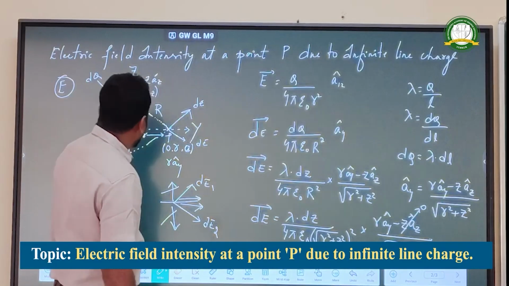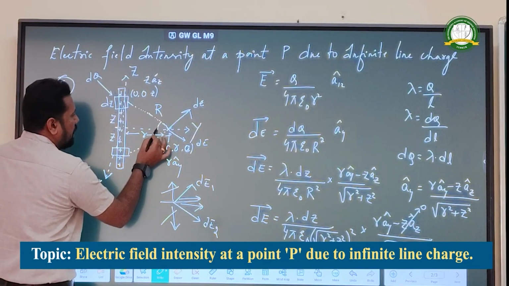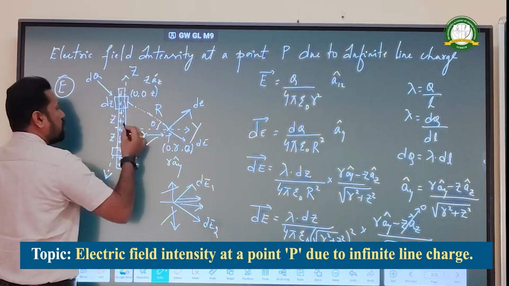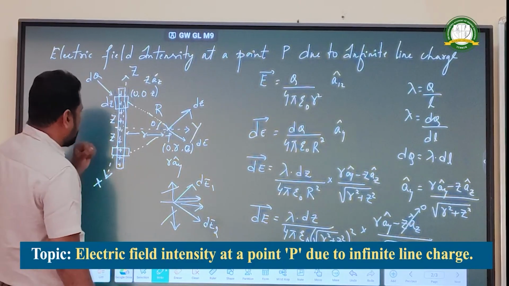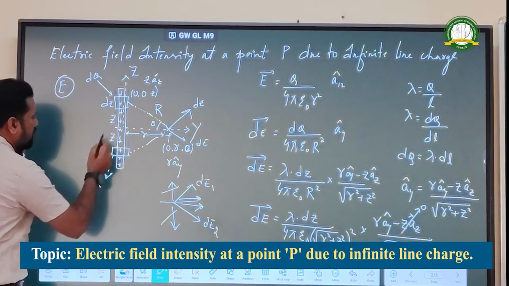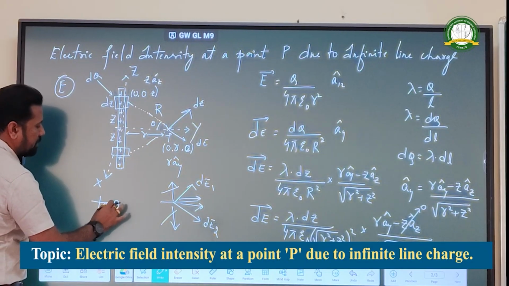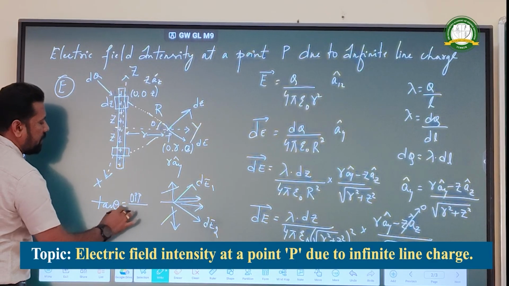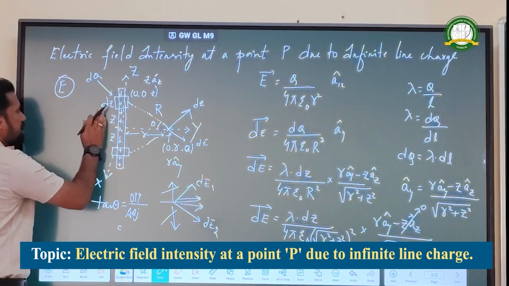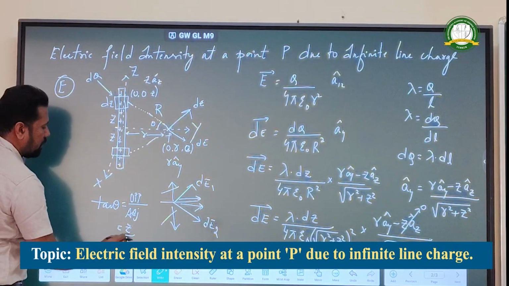So from this diagram, let us assume this is theta, the angle between the origin and the small differential segment dz. So from this diagram, we know that tan theta is equal to opposite side divided by adjacent side. So the opposite side is z and the adjacent side is r.